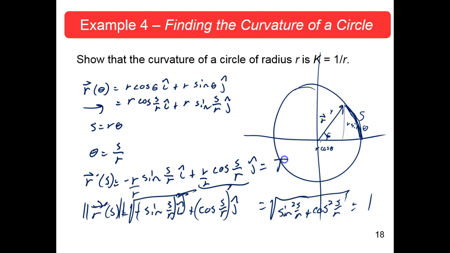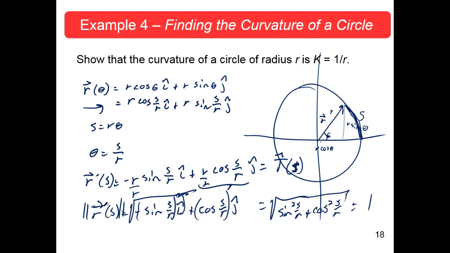This has to be the unit tangent vector of s, not of r. Now, why is that the case? Because it's in the same direction as r prime, and its magnitude is 1, which we've just shown. That's a minus, plus. So that is your unit tangent vector.